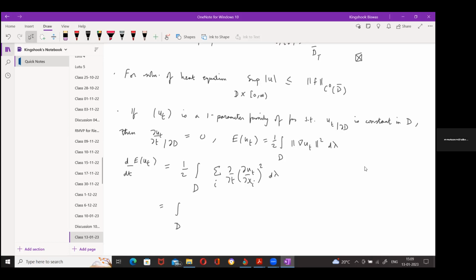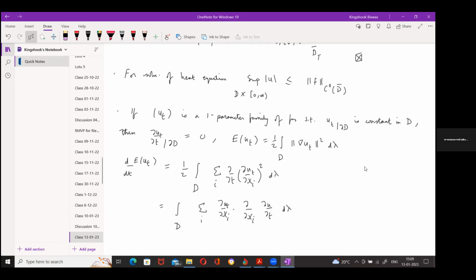So that will give me the sum over i of del u_t del x_i into del t of del x_i of u_t. I can interchange derivatives, so this becomes del x_i of del u_t del t, since u is assumed smooth in space and time variables, so I can interchange the space and time derivatives.